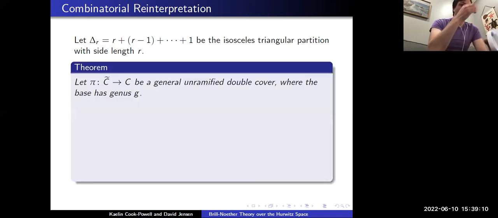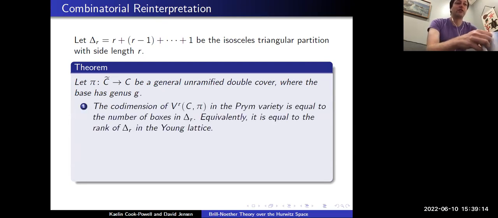Then you can recast this by saying that the codimension of V^r(C, π) in the Prym variety is equal to the number of boxes in this partition, or equivalently, it's equal to the rank of this partition in the Young lattice.